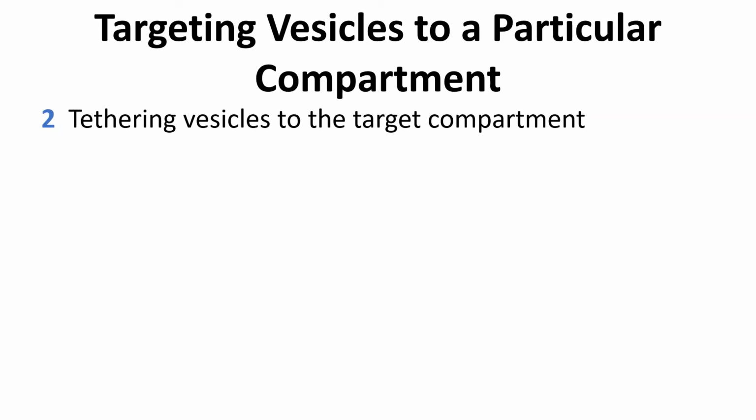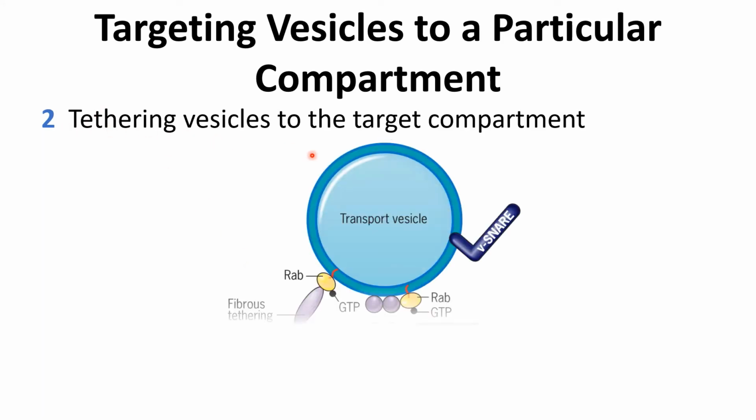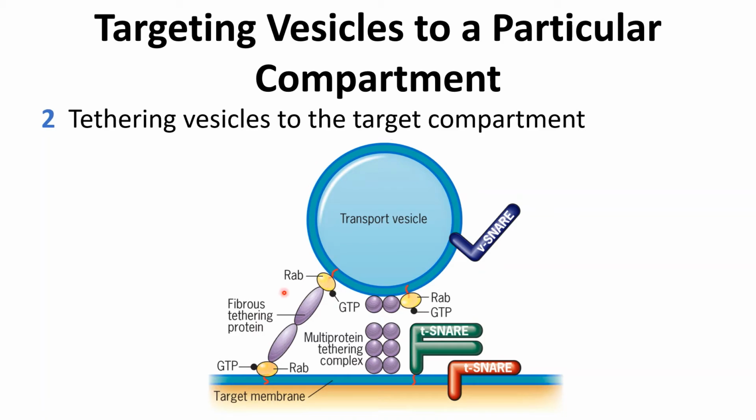Once the vesicle is near its destination, it needs to be tethered. The tethering proteins here are sort of like anchors. Like a ship that's about to reach a particular port, there needs to be a tethering protein, an anchor, that will tether it on its target membrane.